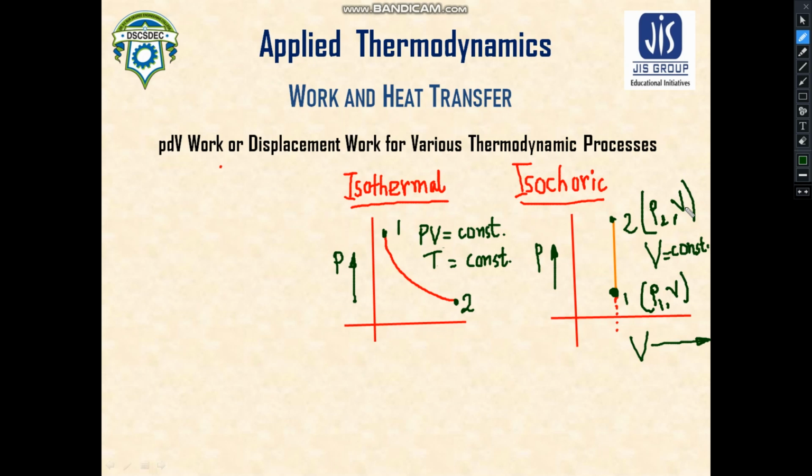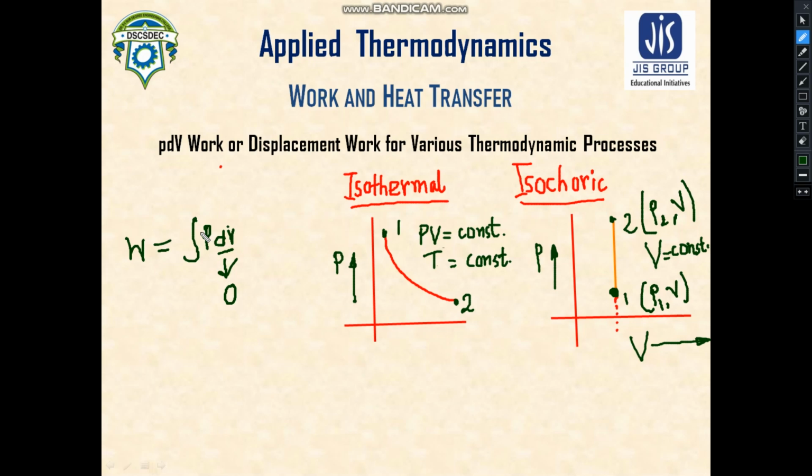Since the pressure changes, we have written down P1 and P2. If we understand this formula PdV, then we can easily understand that dV for any isochoric process is 0, because there is no change in volume. The volume remains constant. So this dV is 0.